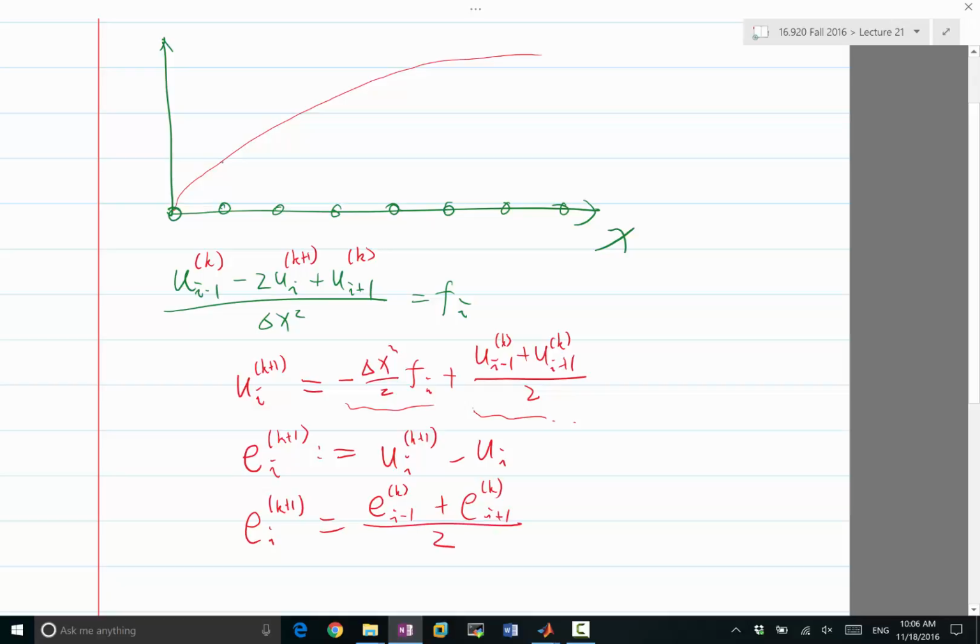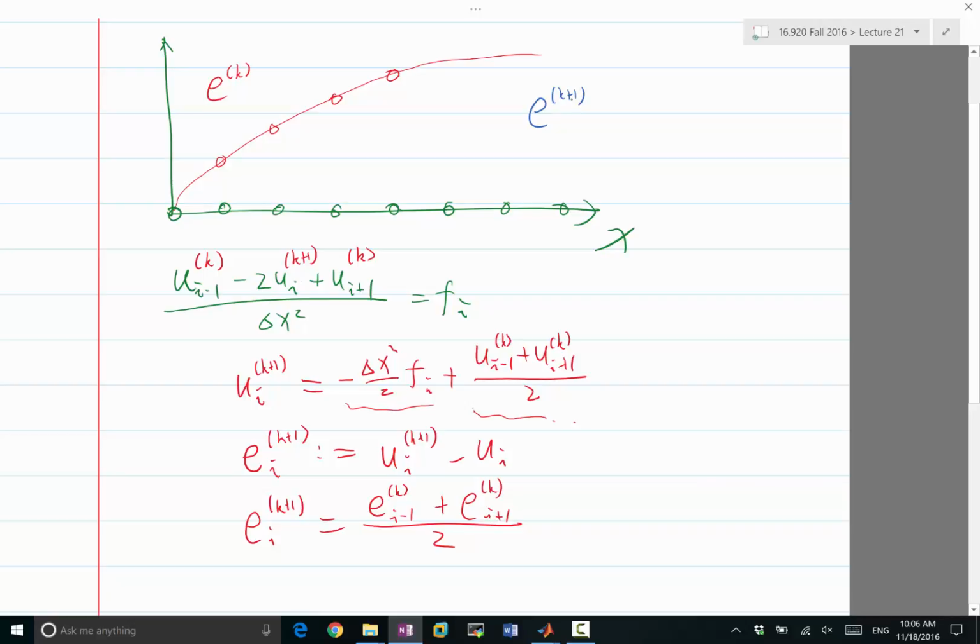That means if I have a very, very smooth solution error, excuse me, so if this is EI K, in my next iteration, what is going to be my solution error? Let's say blue is E K plus 1.